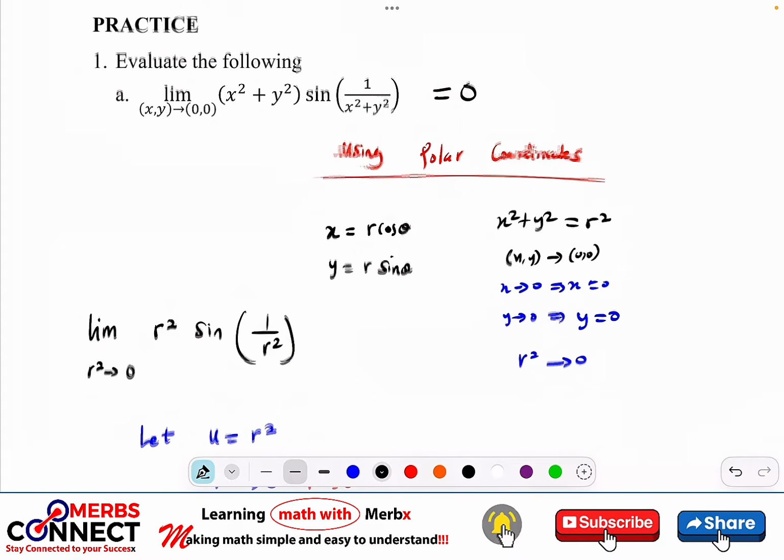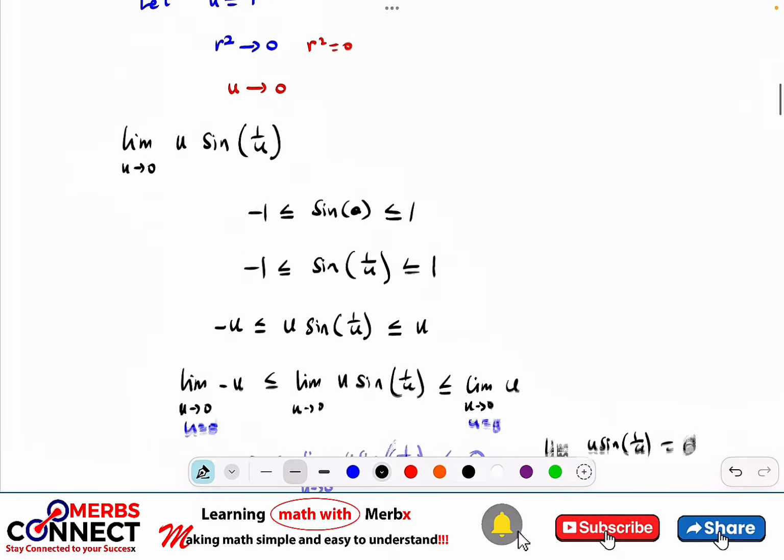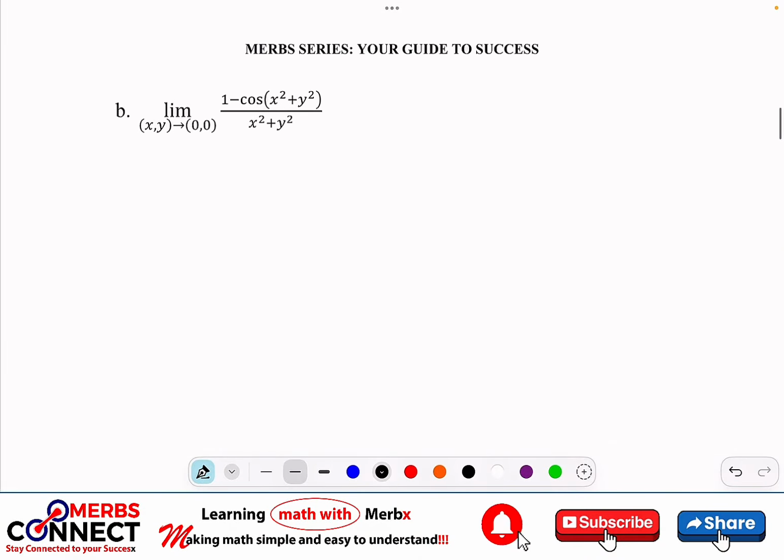So that is how we can use polar coordinates to work things out. It's very, very simple. Now let's look at this one too. This one also uses polar coordinates, because we have x squared plus y squared in it, so we can reduce it again. When you write this often, you just remember it anytime you are working it out. So x is equal to r cos theta, y is equal to r sine theta.